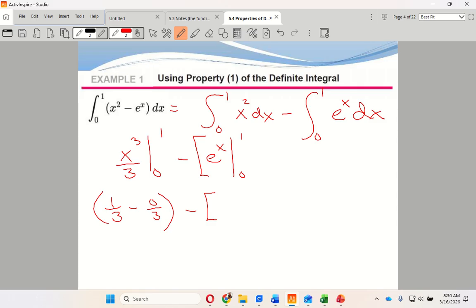Okay? E to the x, what's the integration of e to the x? E to the x, right? So that's going to give me e to the 1 minus e to the 0. Anything to the 0 power is 1. So let's go ahead and I'm going to do a little bit of distribution here because why not?